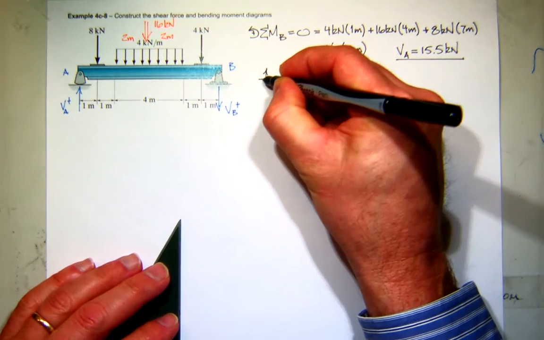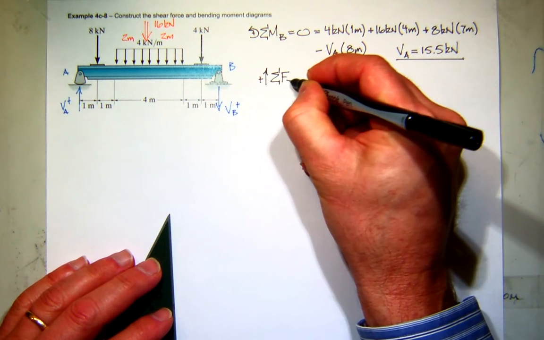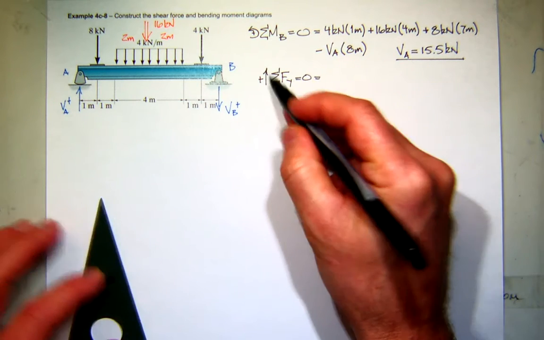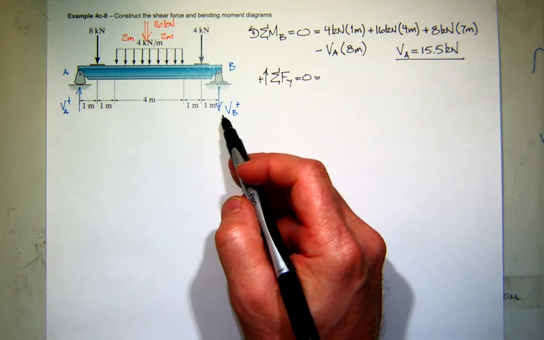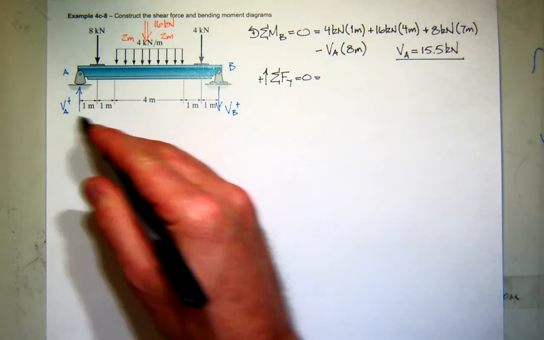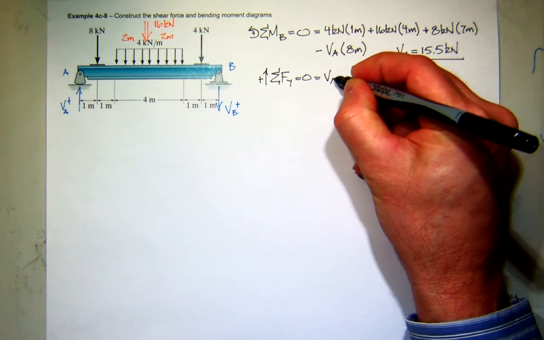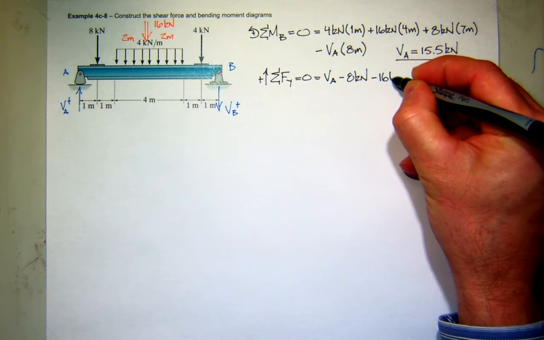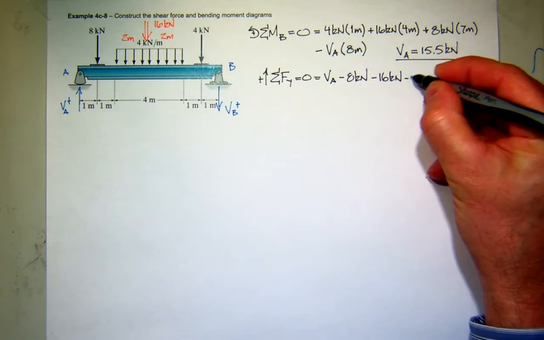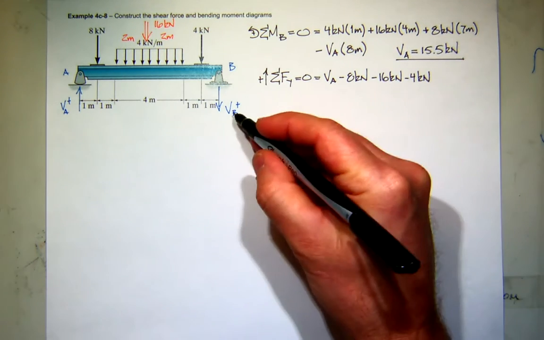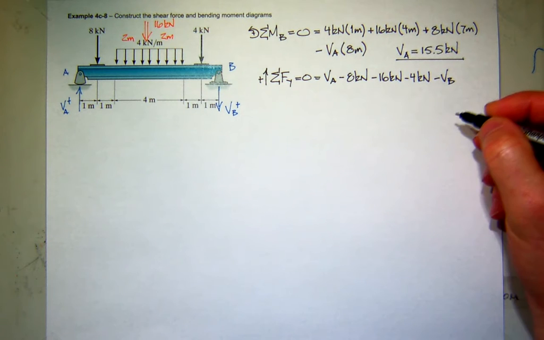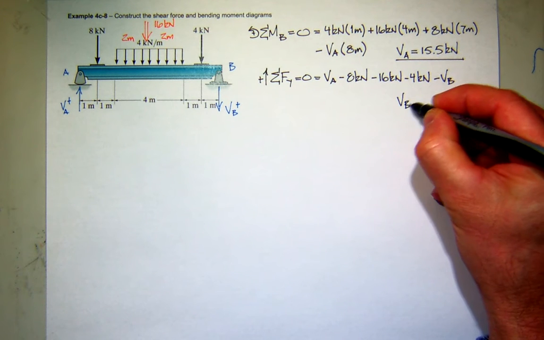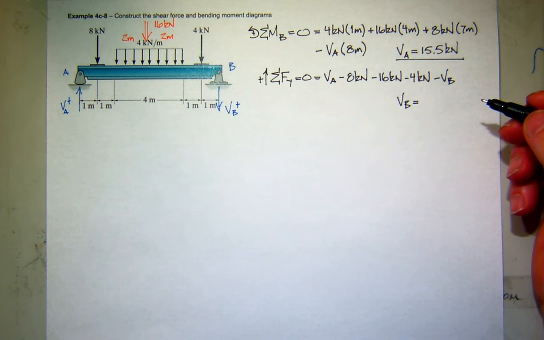I'm going to go ahead and sum forces in the y direction and use that equilibrium equation to help me find the shear at B. So just writing it the way it is, from left to right, I've got the shear at A up, minus 8 kilonewtons, minus 16 kilonewtons, minus 4 kilonewtons, and then minus the shear at B. So when I solve for the shear at B, what do you get? 11.5, negative 11.5.